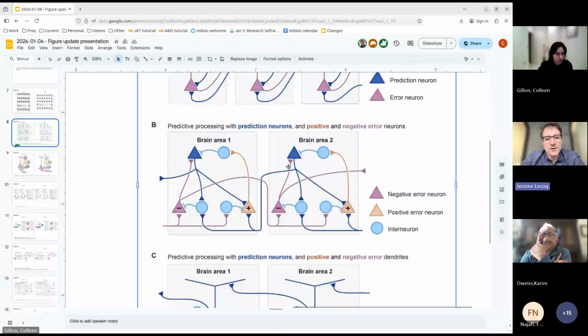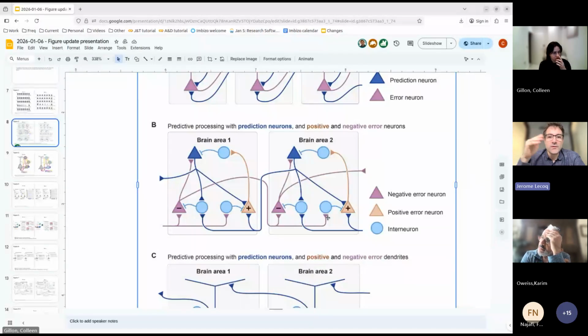That's right. So this is the circuit that Keller and Mrsic-Flogel propose, where the top neuron is an internal representation neuron that is also a prediction for the downstream area. And as we said, the error goes up, so it becomes the bottom-up input from the next area.